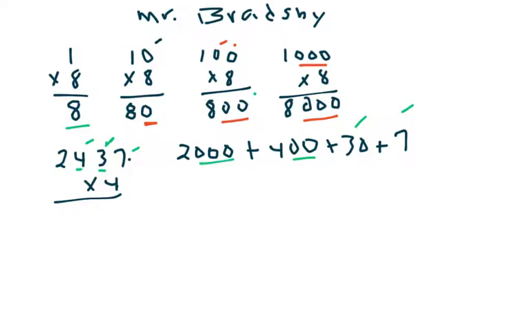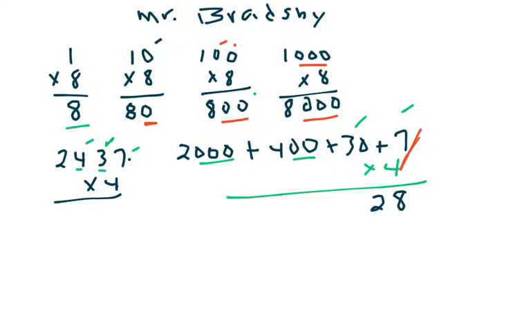So then when we multiply by 4, I'm going to start over here on the right with the 4 and the 7, okay? Because this helps us in the shortcut method. 4 times 7 is 28.